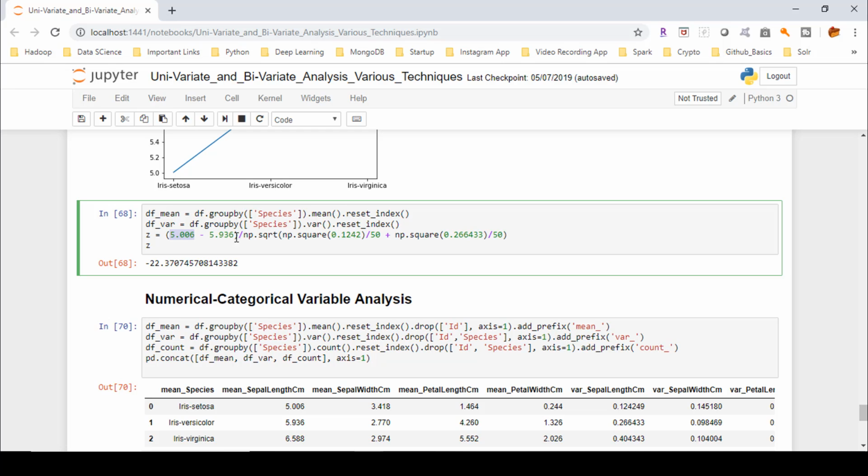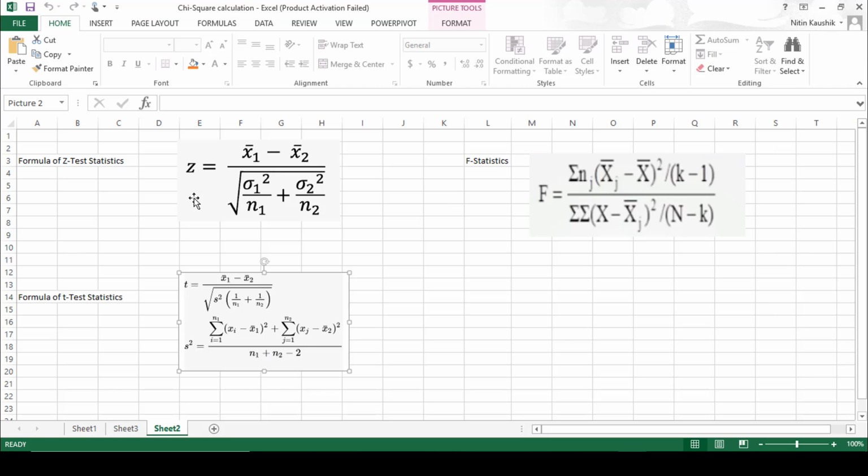Then we divide by the square root of variance 1 divided by the number of observations, plus variance 2 divided by the number of observations in that category. So x1 bar is for setosa, x2 bar is for versicolor, sigma 1 square upon n1 is for setosa, and sigma 2 square divided by n2 is for versicolor.